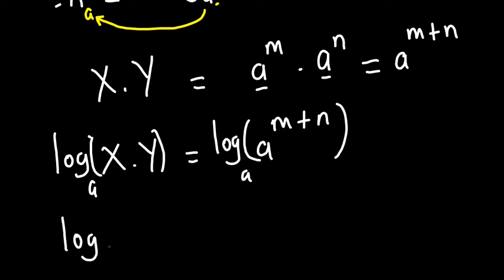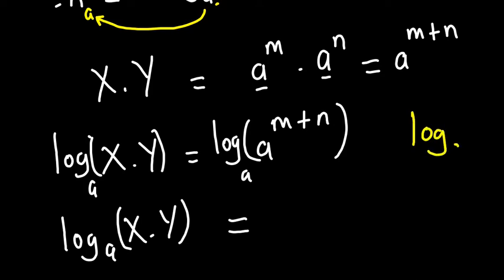So now we have log base a of xy, which is equal to, by another law of logarithms before we proceed, which says log of x to the power y is the same as y log x. So what we've done is we moved the power in front of the log itself.